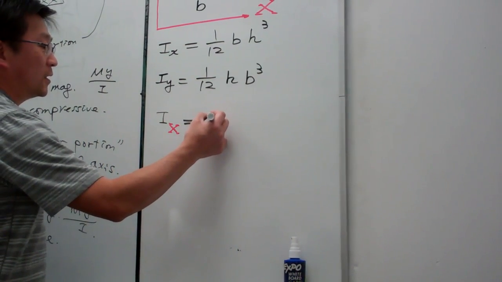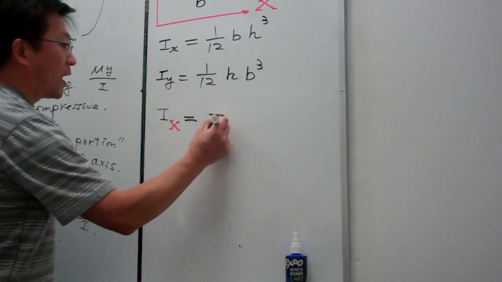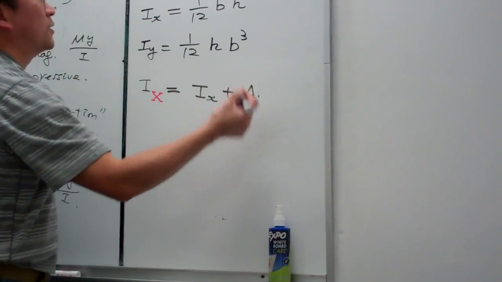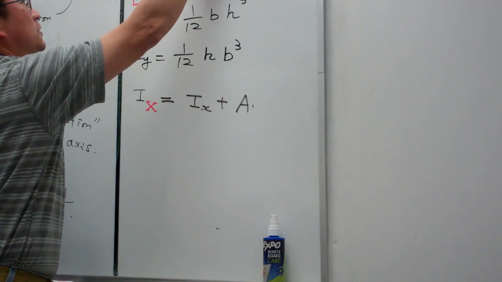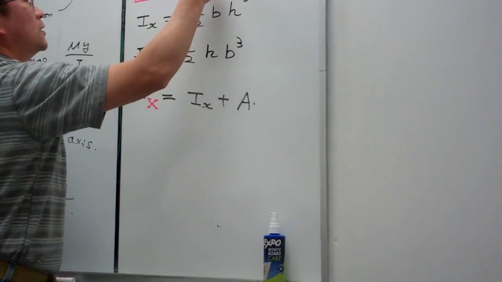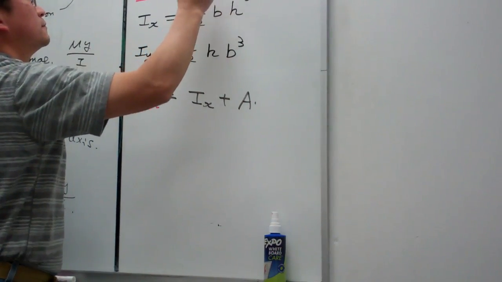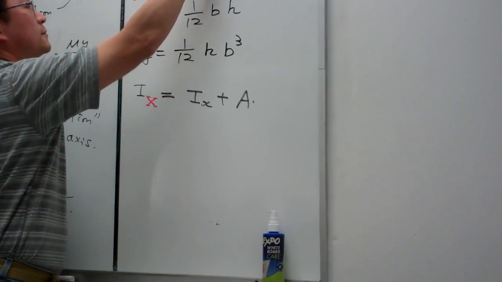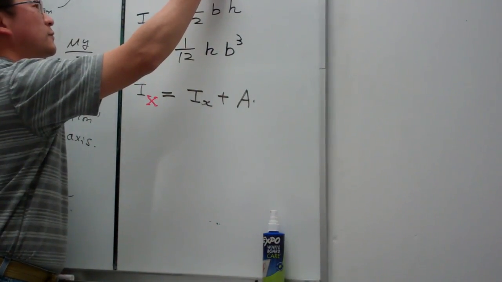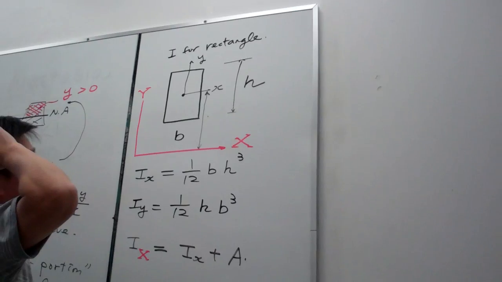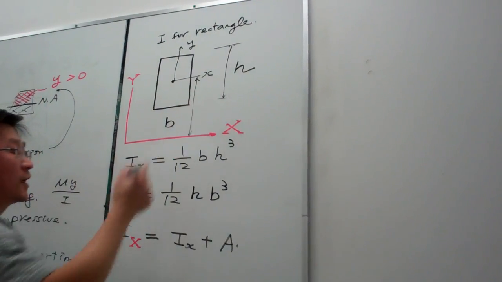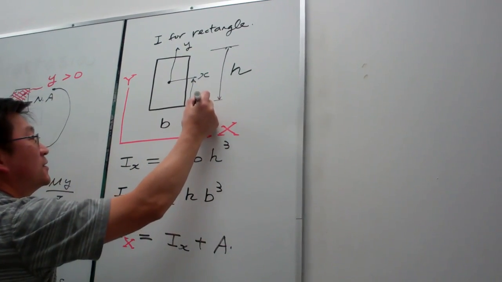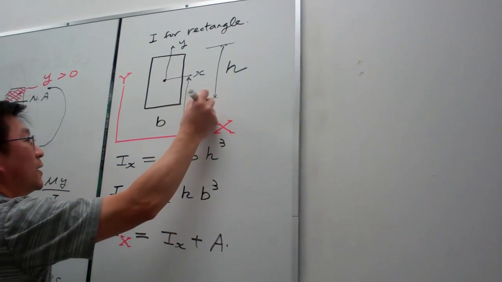It says this: Ix equals I with respect to the axis passing through the centroid, plus the total area multiplied by the distance, for example from here to here. Let me call it, which parameter do you like? Delta little y? How about we say d? dy, okay?